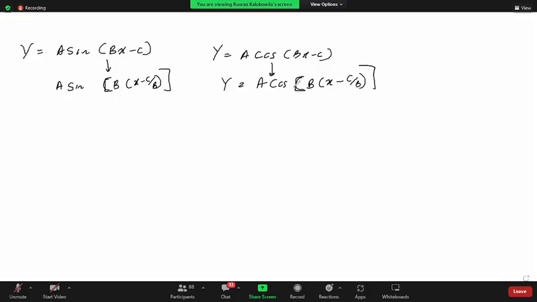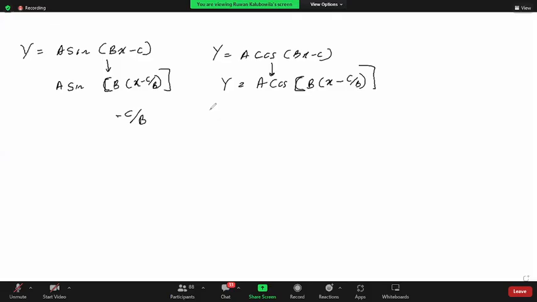What's the difference now? Earlier we had a sine bx as well as a cos bx. Now there's another term, which is inside here, minus C over B. Sometimes you may know this term C over B, minus C over B. It adds some features to the original curve.